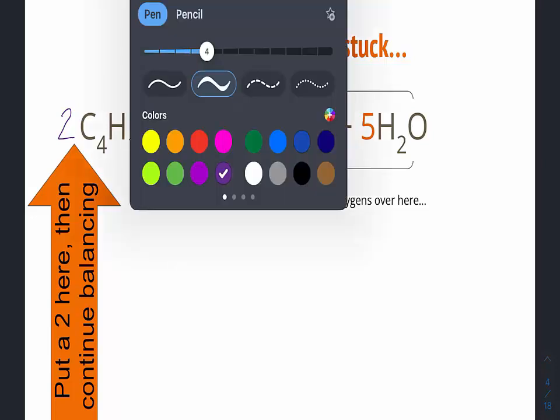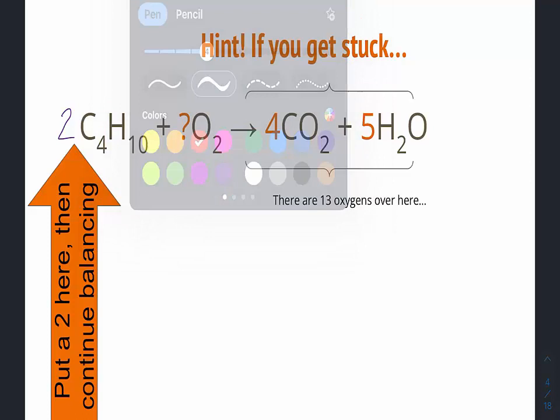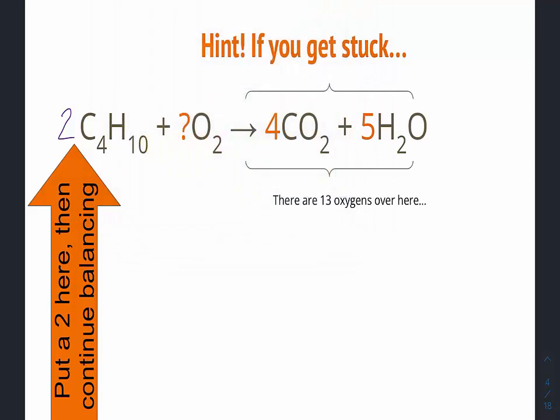So watch how this edits. I'm going to switch to red. Okay, so if I put a 2 there, I now have 2 times 4 carbons. So it's not 4 anymore, it's 8. So that makes me switch to an 8 right here in front of CO2. What about hydrogens? I have 2 times 10 for the hydrogen, that's 20. So instead of the 5 right here, I would need to put a 10. Well, okay, what does that mean about the oxygens on the product side now?